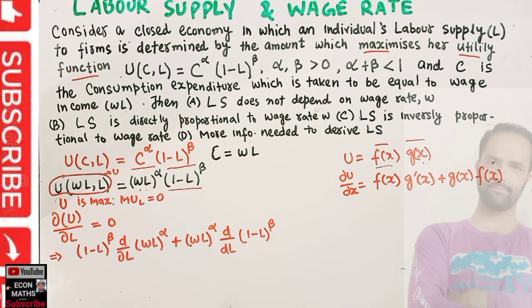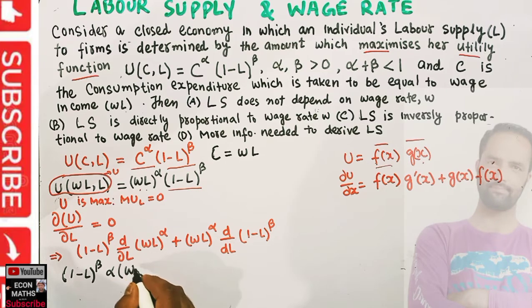Now we have here (1 minus L) raised to the power beta. We don't do anything with this; we take the derivative of the other function, so alpha becomes the coefficient.